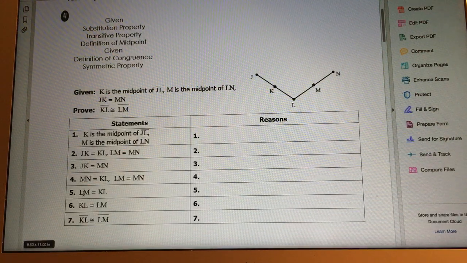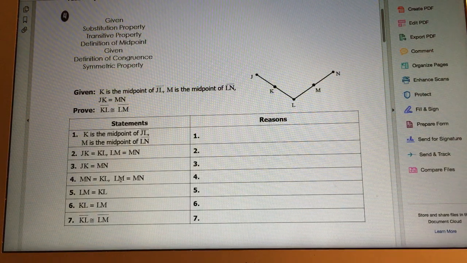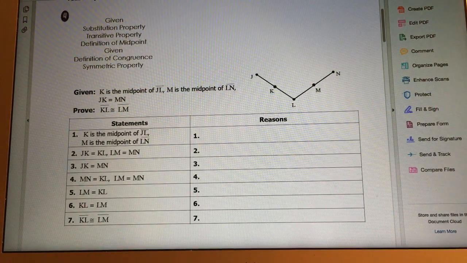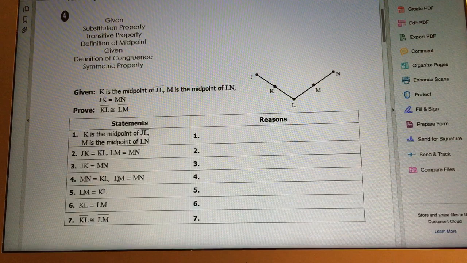Now, LM equals KL. What allows us to say that? Well, notice we have that MN equals KL and MN equals LM.